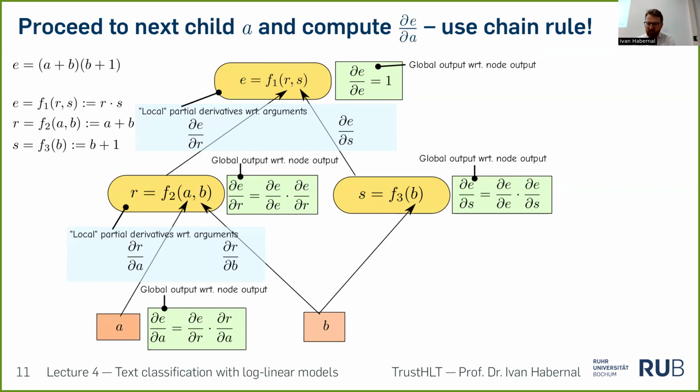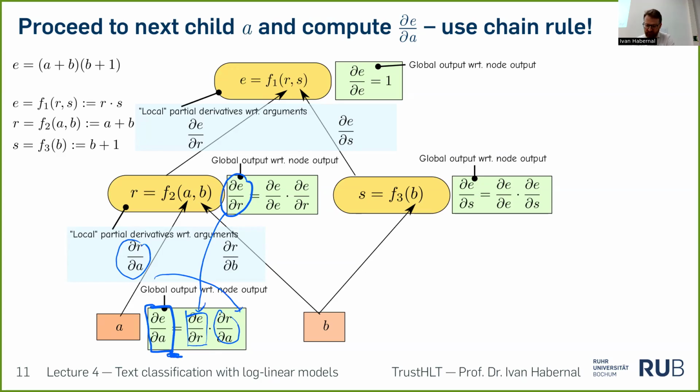What is the global out? So what is the partial derivative of E with respect to A? Well, again, we're using the chain rule here. So we're using the global derivative with respect to its parent, which is coming from here. And we're using the local partial derivative of the parent with respect to this node, which is the partial derivative of R with respect to A. So basically this depiction of this edge here, and multiplying these two together to get the partial derivative of E with respect to A. What is this?